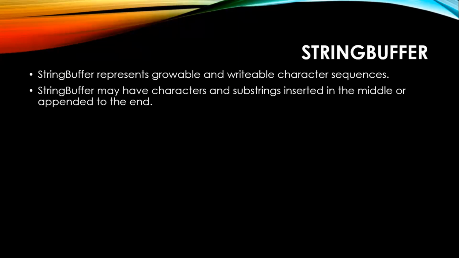String buffer may have characters and substrings inserted in the middle or appended at the end, right? So whichever operation you are going to do, it is not going to create a new object for you. In the existing object itself, you can make all these changes. You can insert a substring in the middle of the existing string, or you can append a substring at the end of an existing string, right? In any of these cases, it is not going to create a new object for you, because string buffer is a mutable one.